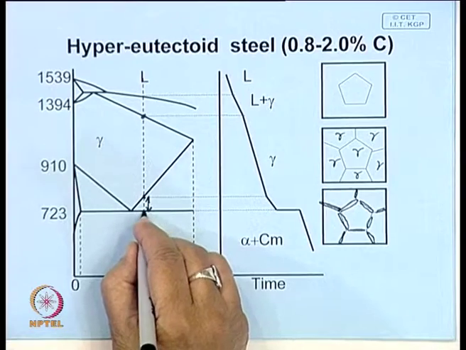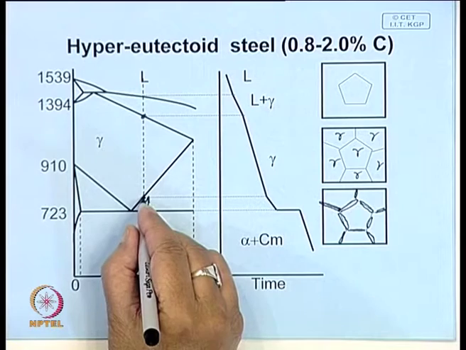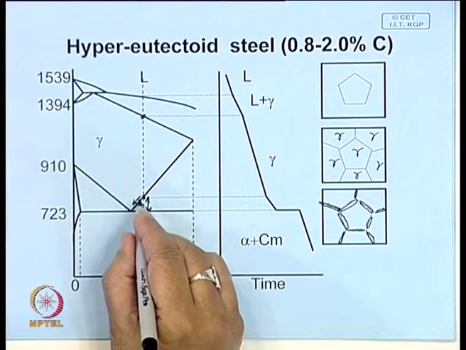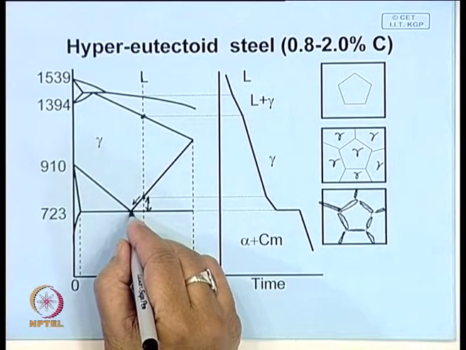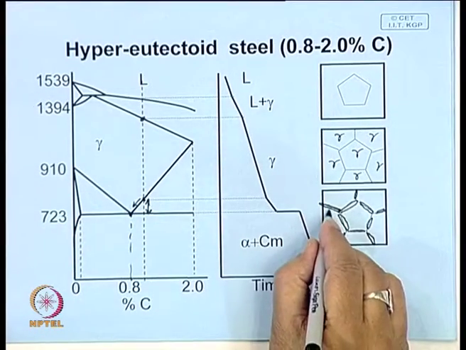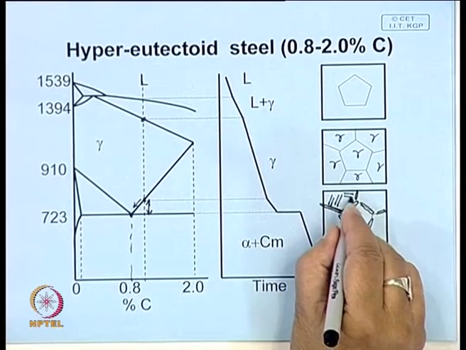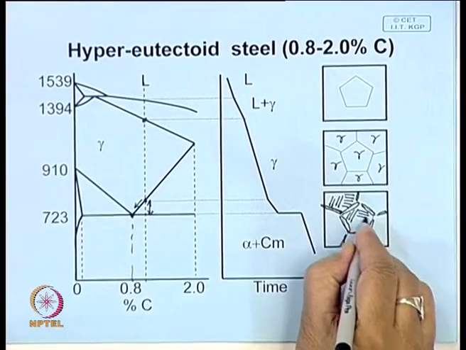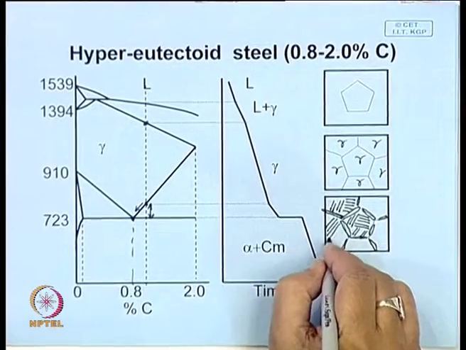As the temperature goes down, the composition of austenite changes along this line, so austenite becomes less rich in carbon, and ultimately when it reaches this point, 0.8%, both cementite and ferrite start precipitating out simultaneously, and you have pearlite formation in this zone. So, you will have this kind of structure.